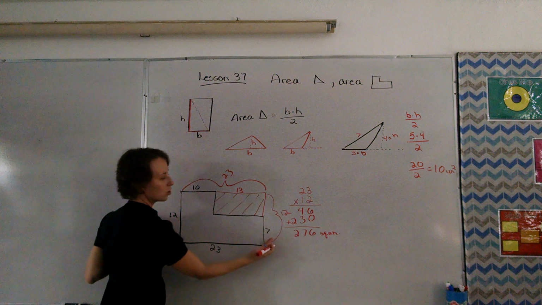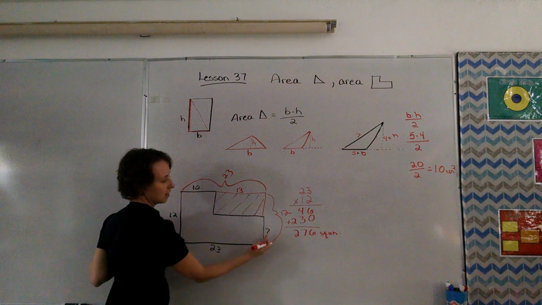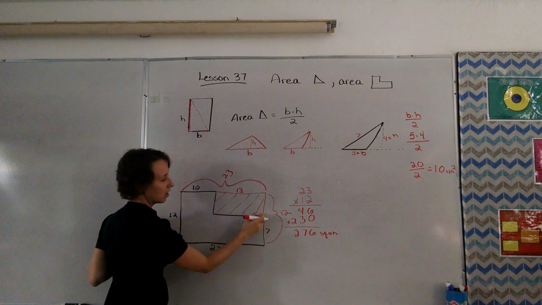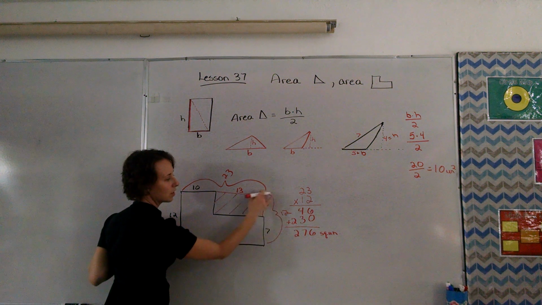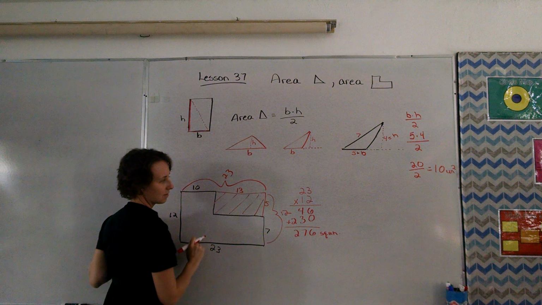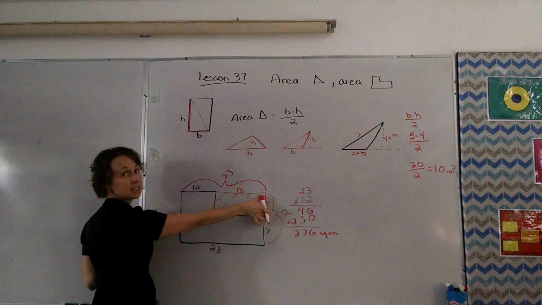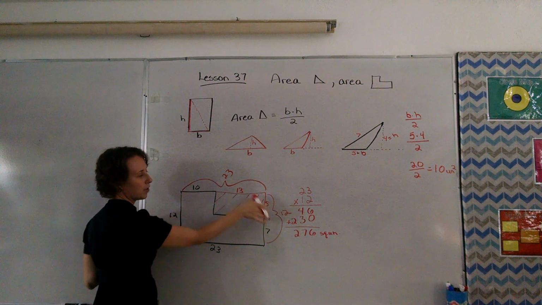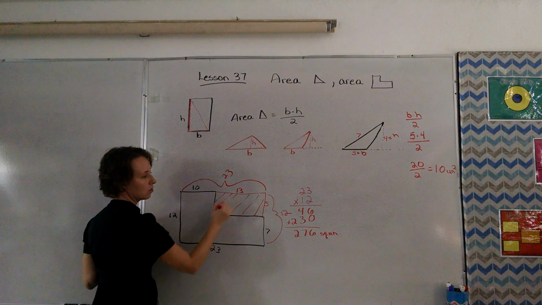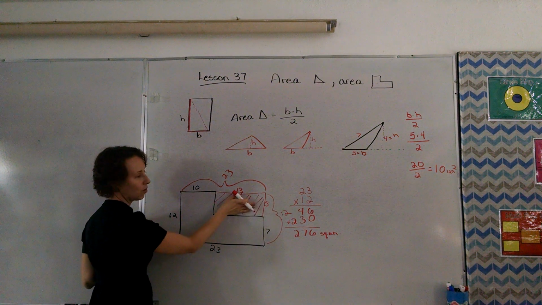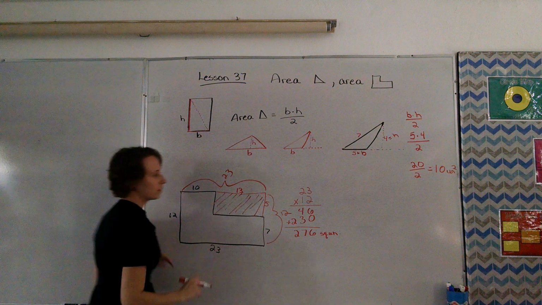Then looking at this side over here, 12 is this whole piece, but I've already got 7 of it here. 7 plus 5 more gives me the 12, that's the whole piece. Now if this side's 13 and this side's 5, I can multiply 13 times 5 to get the area of this little rectangle, and then subtract it from the whole thing.